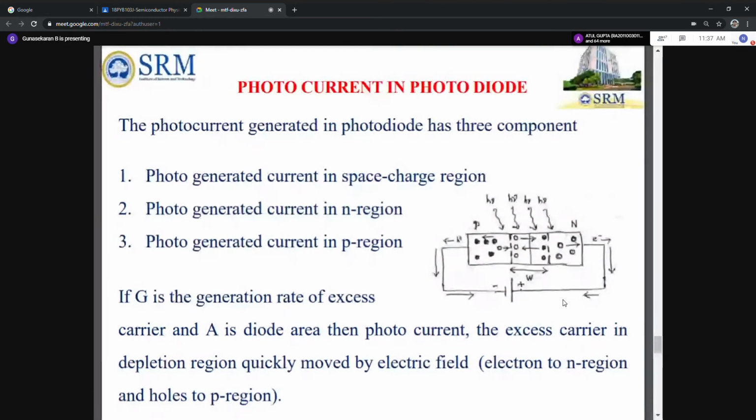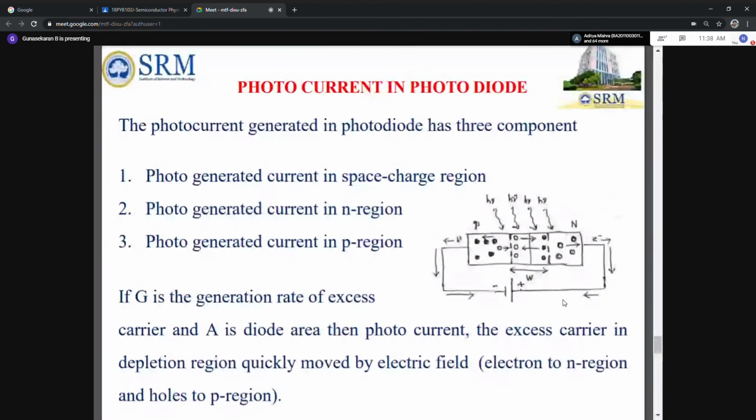Second, the photo-generated current in the N region and the P region also. If G is the generation rate of excess carriers and A is the area of the diode, the excess carriers in the depletion region are quickly moved by the electric field, the electrons to the N region and the holes to the P region.